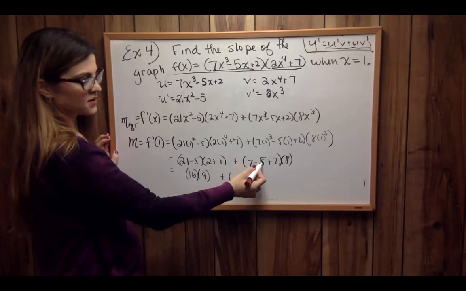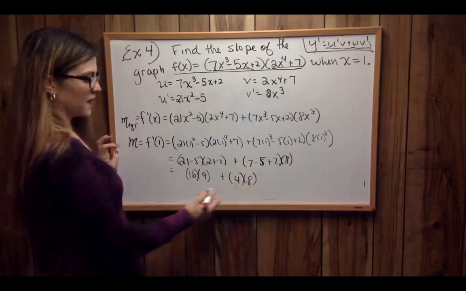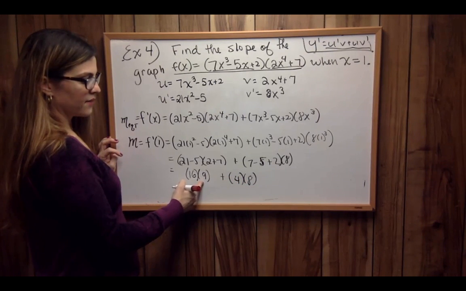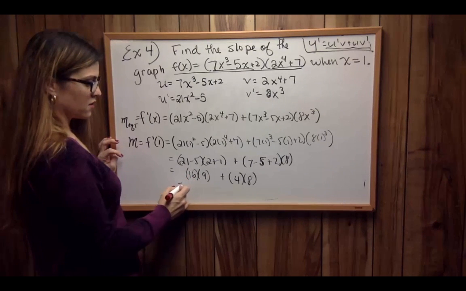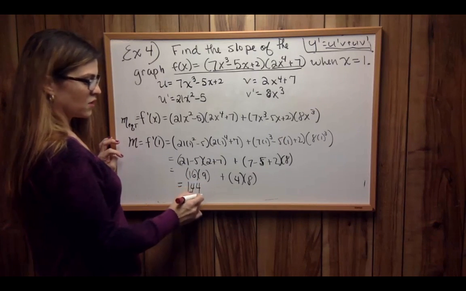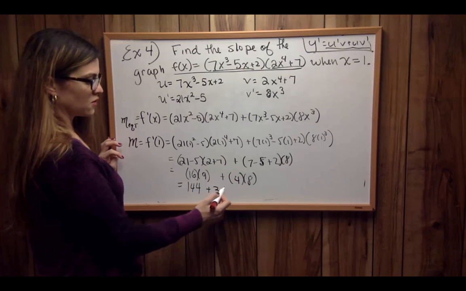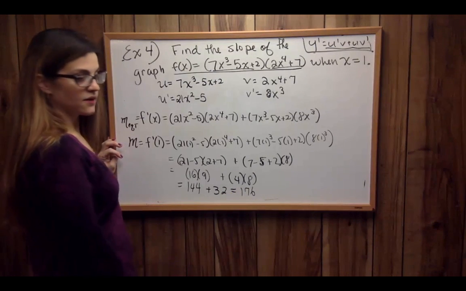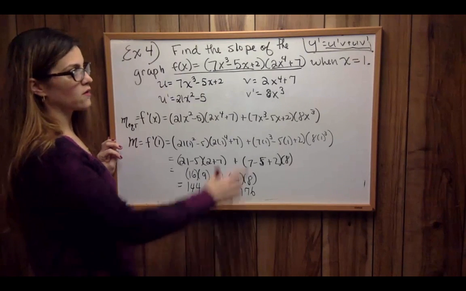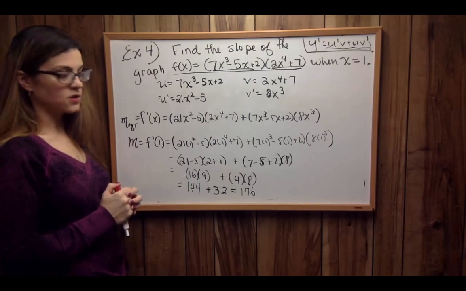Plus 7 minus 5 is 2. 2 plus 2 is 4. And 4 times 8. 16 times 9, that's 144. Plus 4 times 8 is 32. So the slope of that line is 176. So the slope of the curve at the point x equals 1 will be 176.